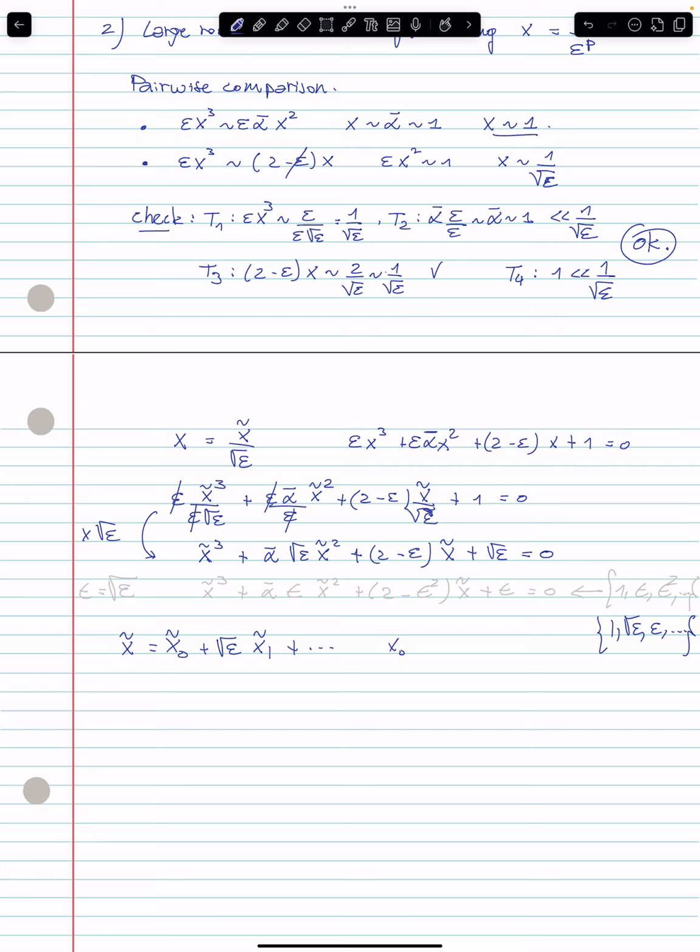And of course, because we did a rescaling, again, we must assume that x0 tilde is different from 0. Okay, let's just have a look. We can have a look at the unperturbed problem first, or we can go right on with the substitution. Of course, we do expect that at leading order we'll recover the same as the unperturbed.